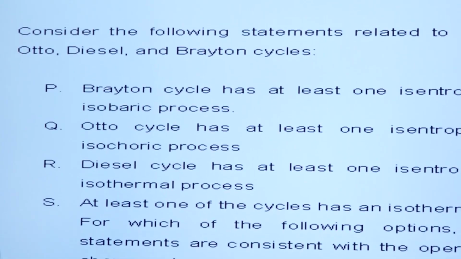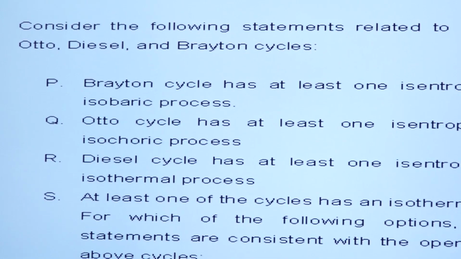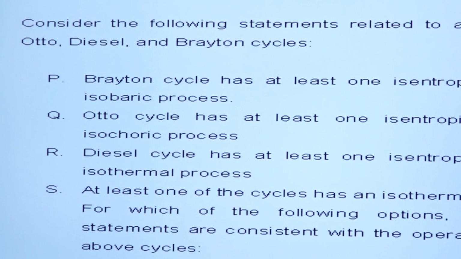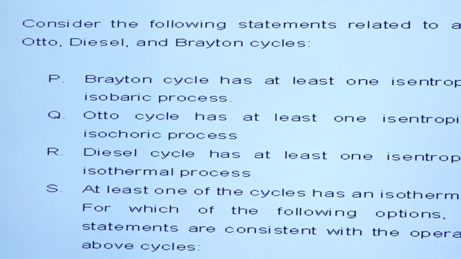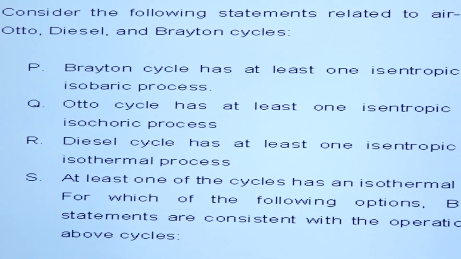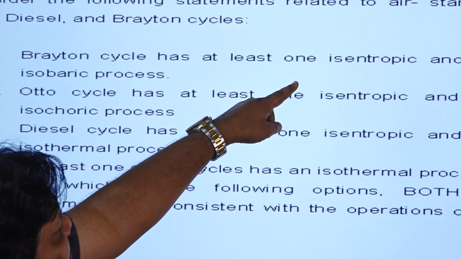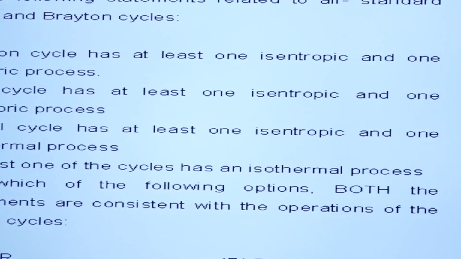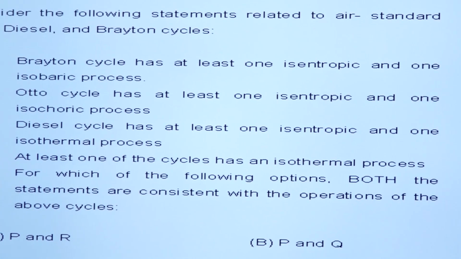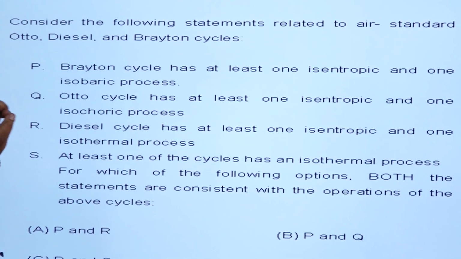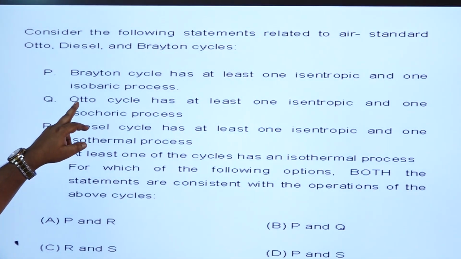We can go to the next one. Consider the following statements related to the air standard Otto, diesel and Brayton cycle. Brayton cycle has at least one isentropic and one isobaric process.